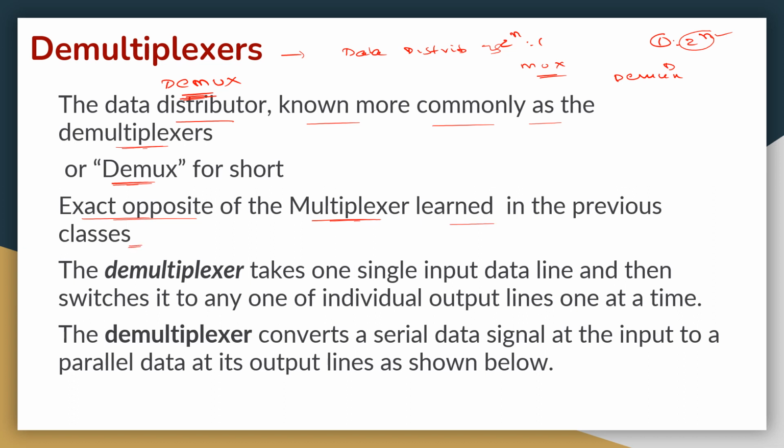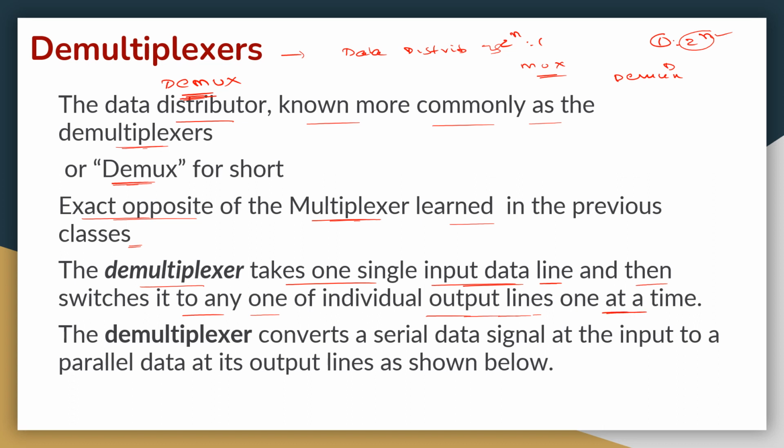A demultiplexer takes one single input data line and switches it to any one of the individual output lines, one at a time.